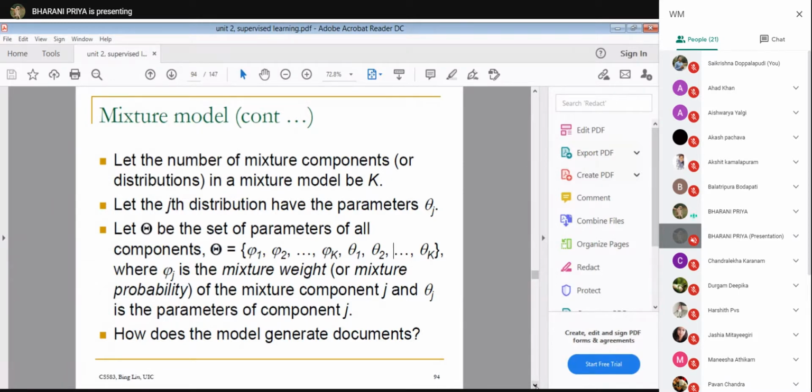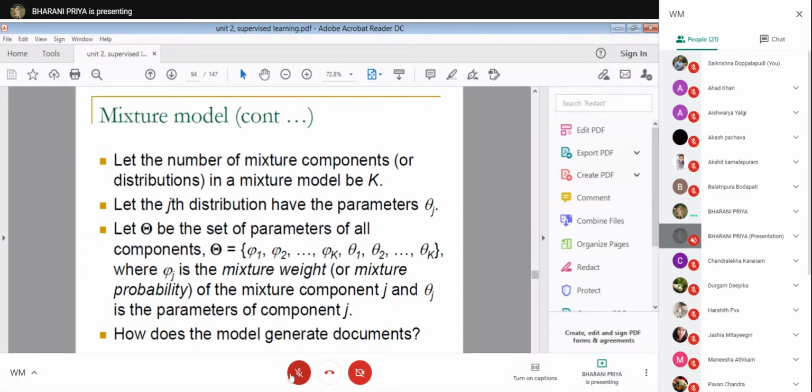When you take term frequencies, what is the main problem? It is retrieved, okay, but the term frequency, if you take it, is biased by document length.